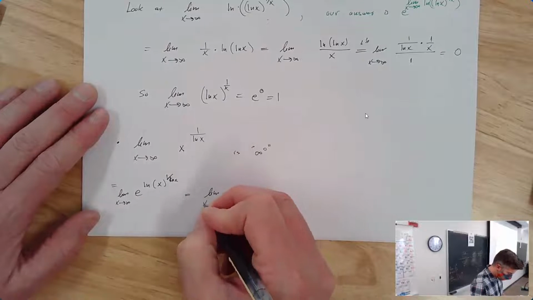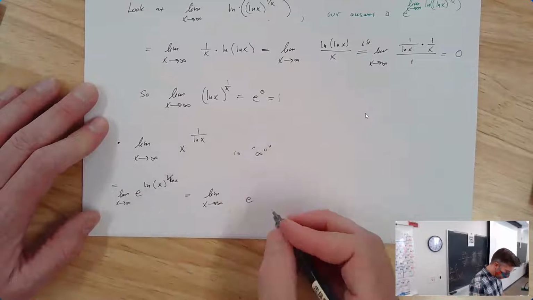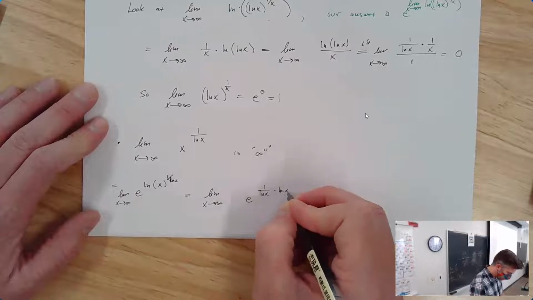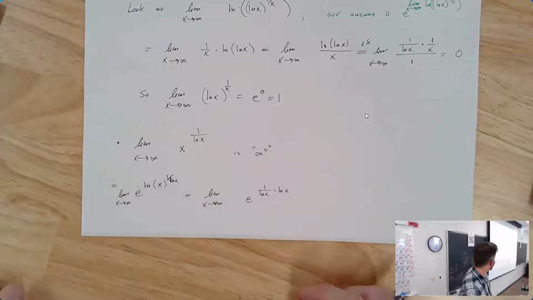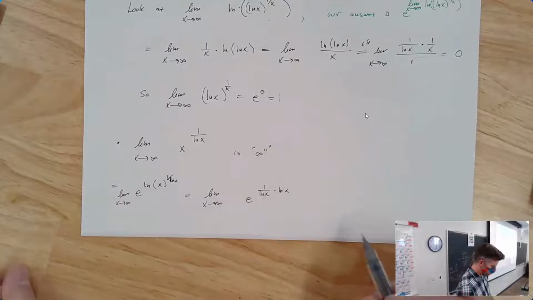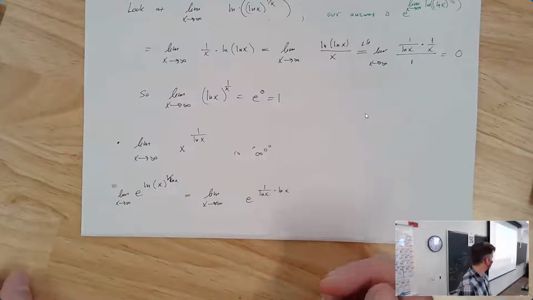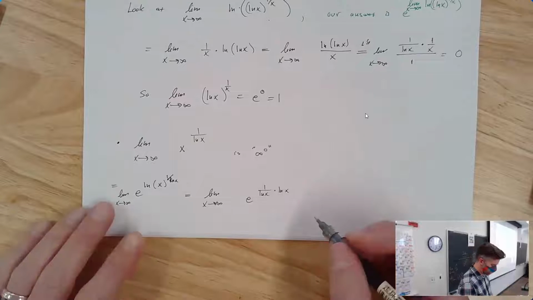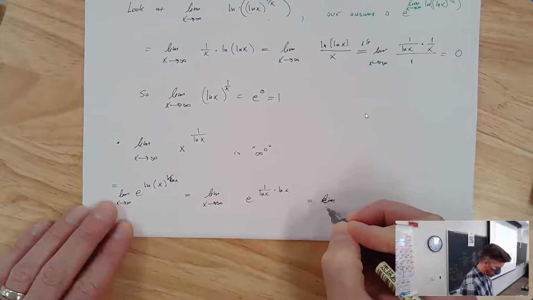This is the limit as x goes to infinity of e to the, if I bring that power down, I've got 1 over natural log of x times natural log of x, which is, what's my power going to be? What's 1 over natural log of x times natural log of x? It's just 1.